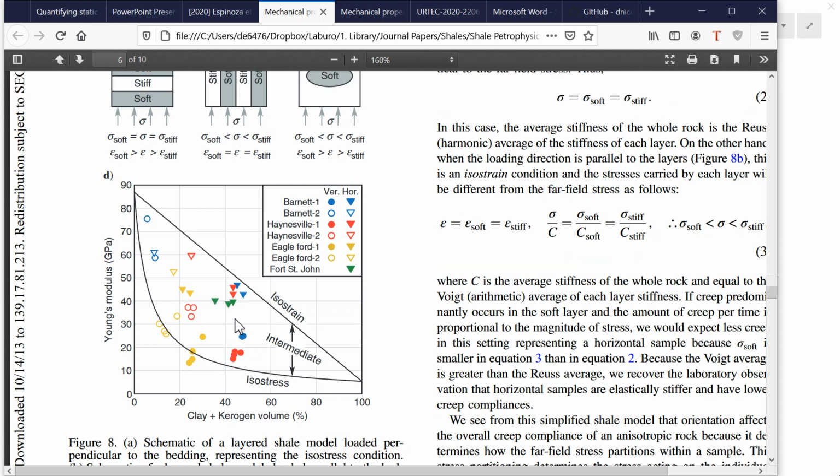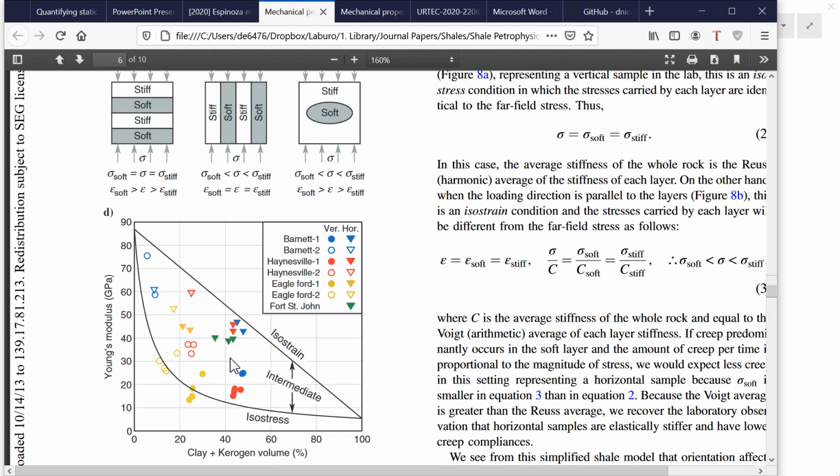Usually when you have almost equal components of the soft and the stiff components, the anisotropy is the largest. We're going to see the reasons for why this is the case in a little bit, but remember the horizontal Young modulus is larger than the vertical Young modulus.